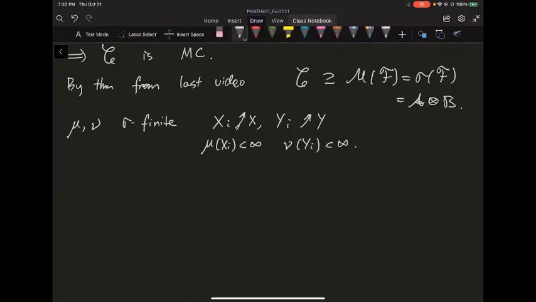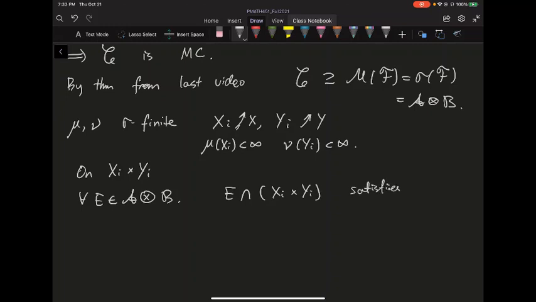All right, so then what I can do is basically restrict myself to the X_i times Y_i, okay? Because on these X_i times Y_i they are finite, for every E inside A cross B, I can consider E intersect these X_i cross Y_i. Okay, that will satisfy the star.